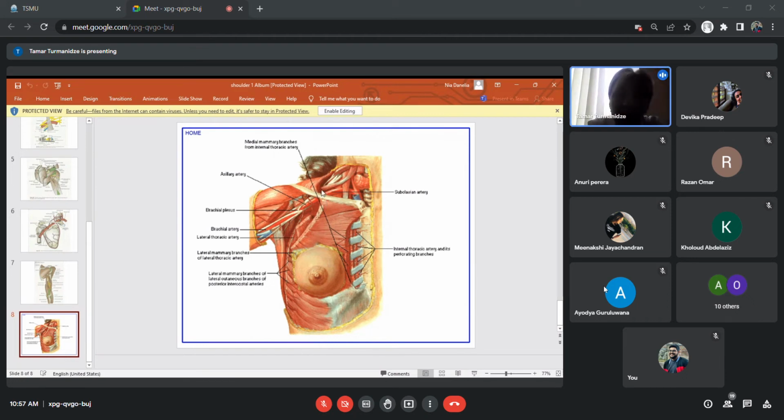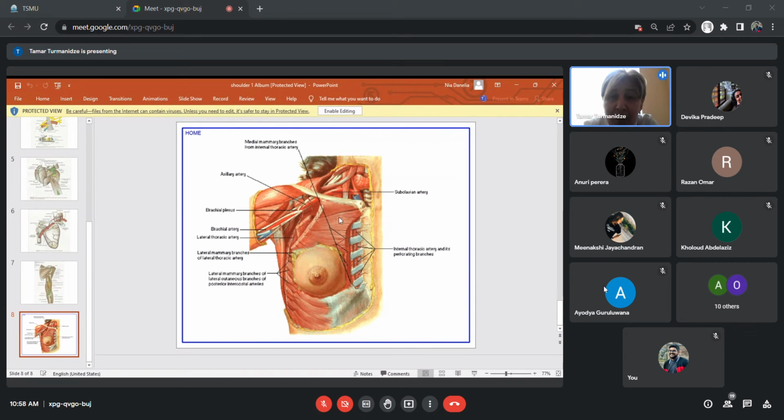Infraclavicular region. Below the superficial fascia, we have the deep fascia, which is a continuation of the proper fascia of the neck, and it continues into the deep fascia of the deltoid region, and into the deep fascia of the axillary region.